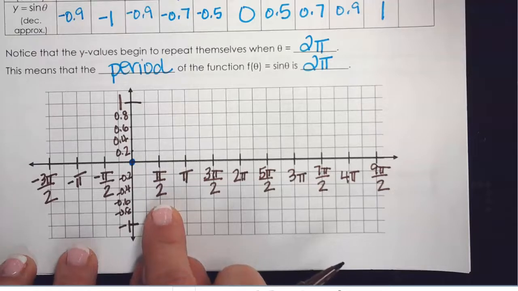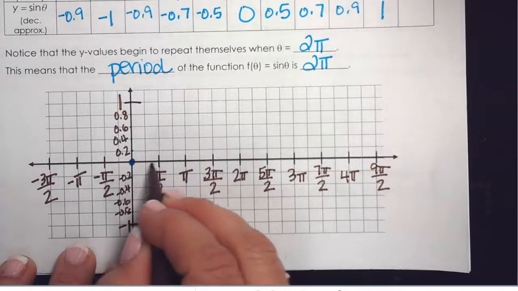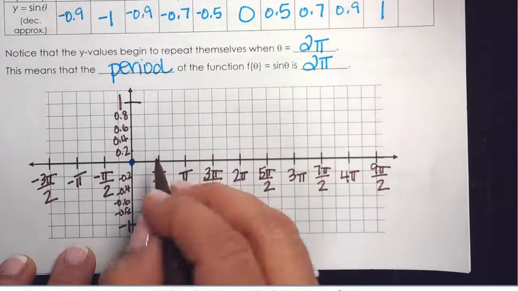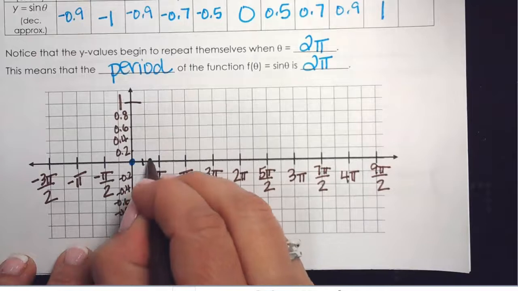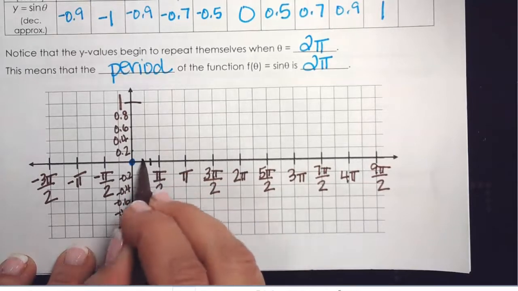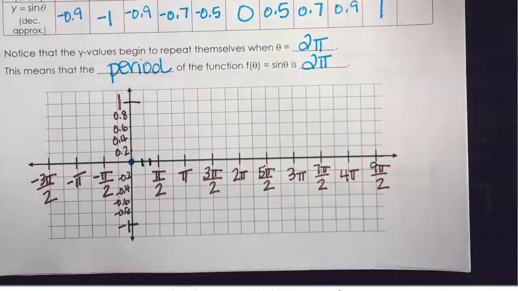Remember that pi/6 is about 1/3 of that. So between here and here, I need you to at least mentally think about dividing that into 3 pieces. I don't need you to put tick marks the whole time, but do you understand what I'm saying about dividing this into 3 different pieces?